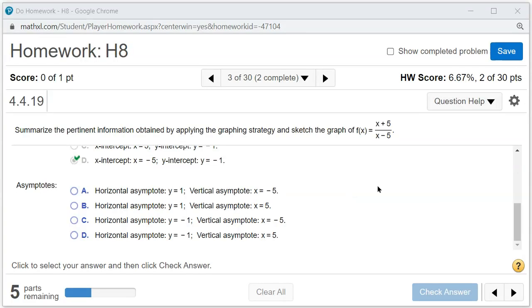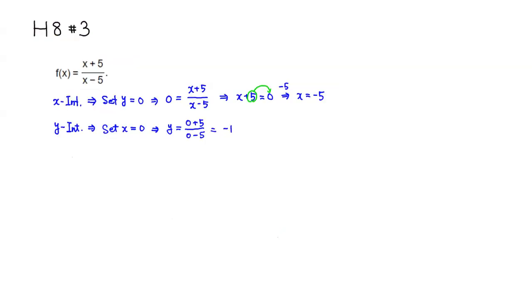Now we want to find the horizontal asymptote and the vertical asymptote. To find the horizontal asymptote, since it's a rational function, you can look for the highest power on top, which is 1. So the degree on top is 1, and the degree on the bottom is also 1.